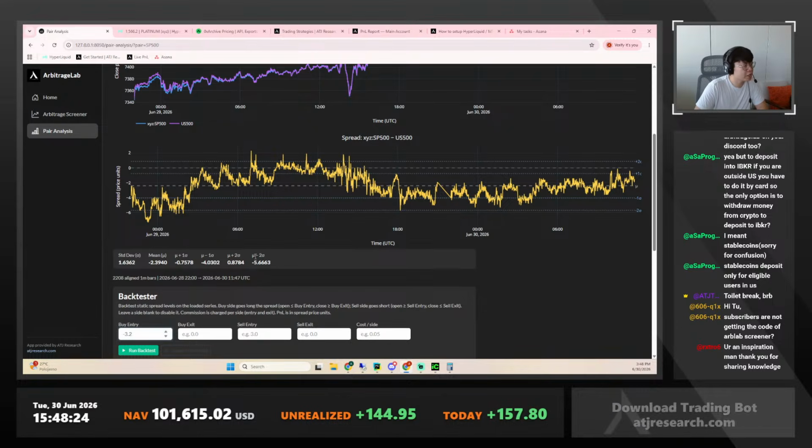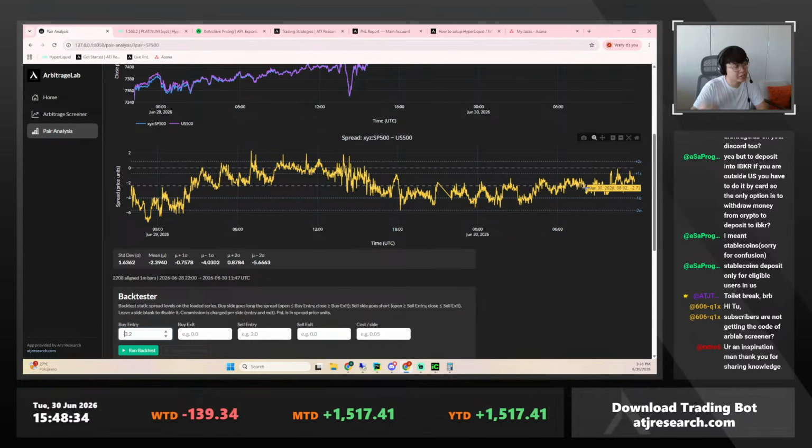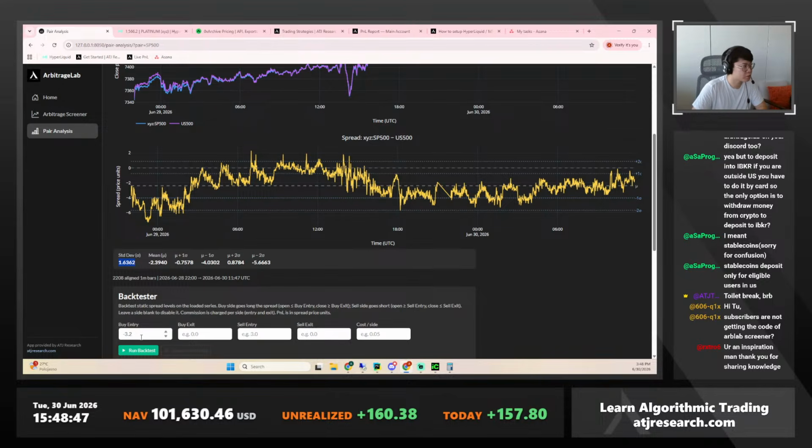And here you also have the mean computed. But I don't care about the mean right now because I know that the fair value should be around 0. So backtesting based on the historical mean actually doesn't tell you that much. You're more interested in the actual standard deviation, which gives you a rough estimate how volatile the spread is. So if I select 3.2, it should be buy or sell.